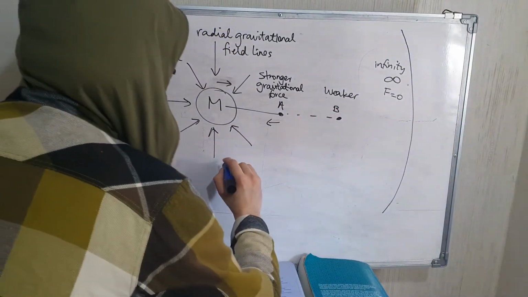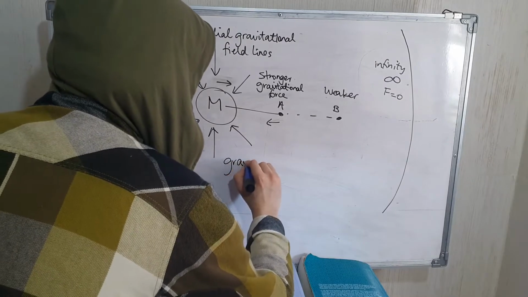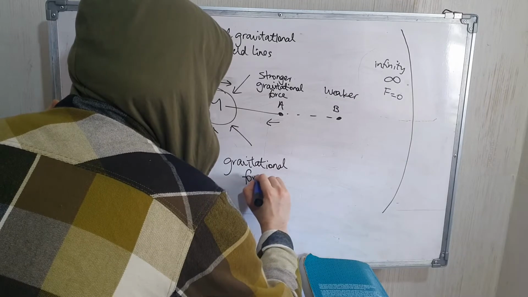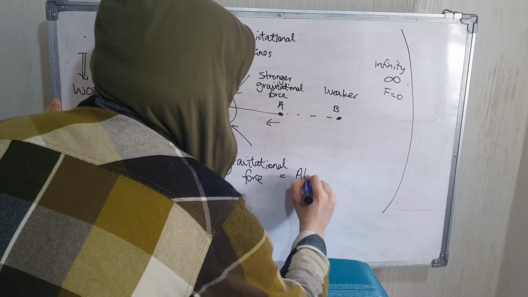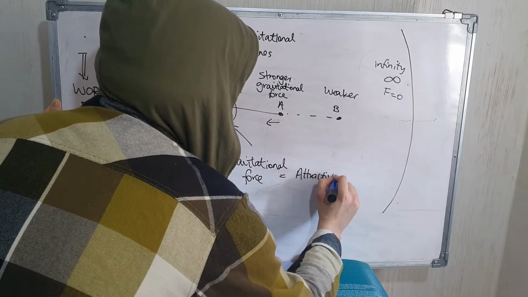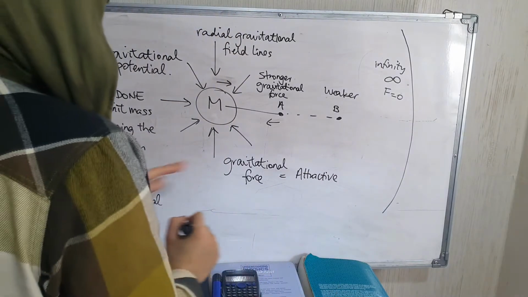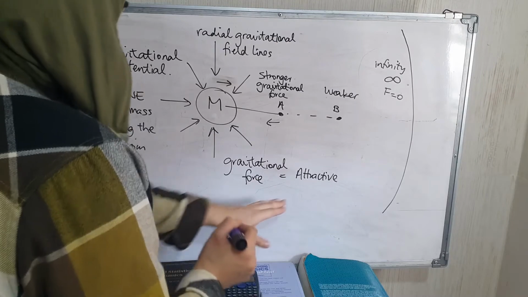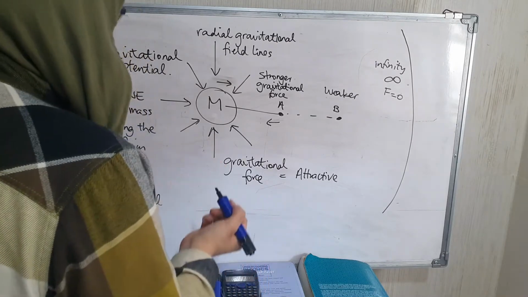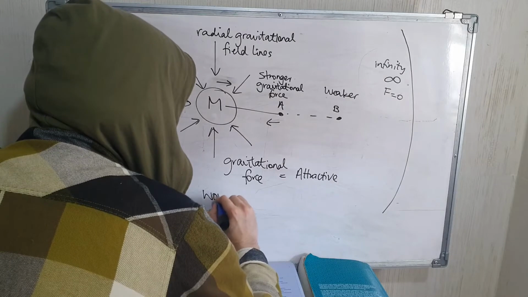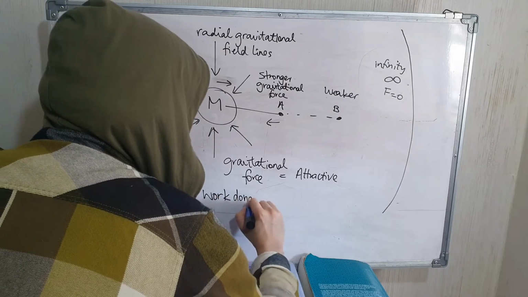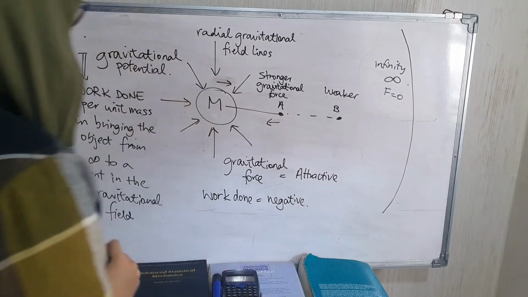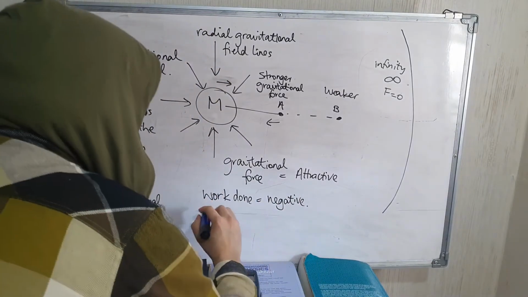Now the gravitational force is attractive. There's no repulsion for gravity, and it's always attractive. So the work done is negative, because you are not doing the work.